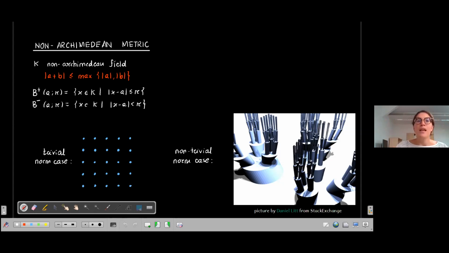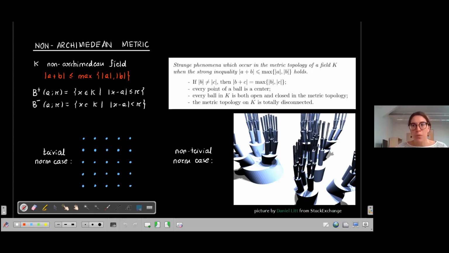Okay. So the observations that we made so far about the non-Archimedean metric associated to a non-Archimedean norm are just examples of the phenomena that can occur when we impose this strong triangle inequality. I want to mention a couple of other properties.